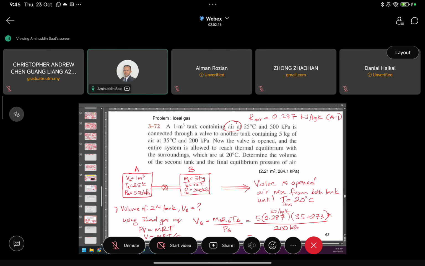So what is the value of VB? 5 multiplied by 0.287 multiplied by 308, divided by 200.